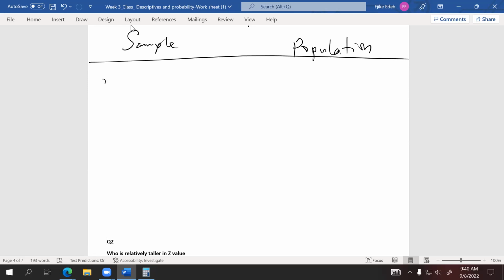So the sample variance is represented as s squared, that is variance, and in the sample space it is given as the sum of your data minus the mean squared, divided by n minus 1.